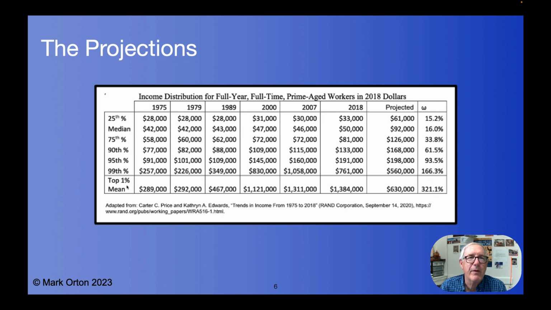And then, of course, the mean of the top 1% was 321% growth. They ended at 1,384,000 in 2018. If they'd followed the trends of 1948 to 79, they should have only earned 630,000. So they much more than doubled their share.